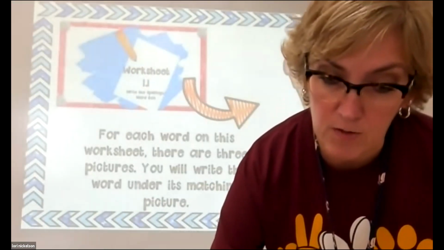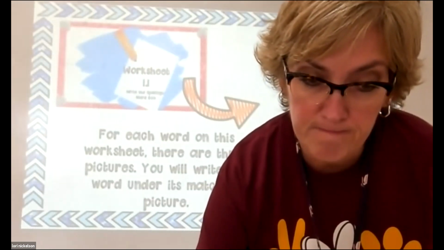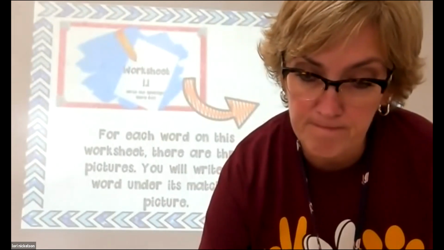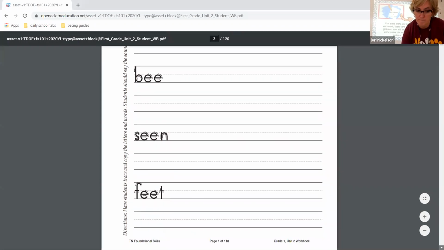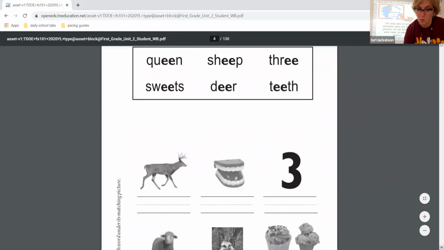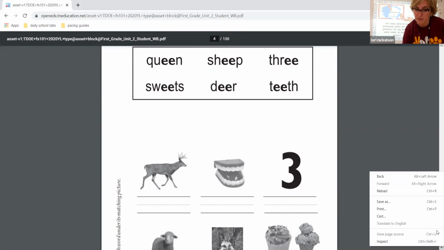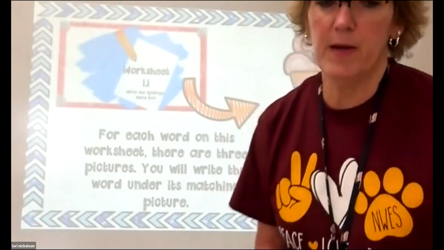So hold on, I'll show you what it looks like so you know what you're doing. And you've got the words at the top, and then you've got the pictures at the bottom that you correlate with there. Okay. So I'm going to stop that one also, so that way you're back.